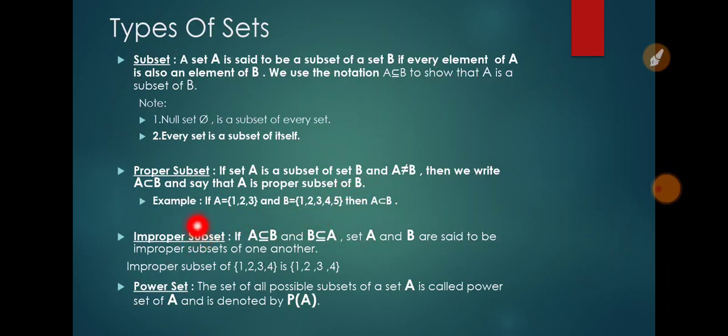Now the next category of subset is improper subset. Now what is an improper subset? If A is a subset of B and B is a subset of A, then sets A and B are said to be improper subsets of one another. How?